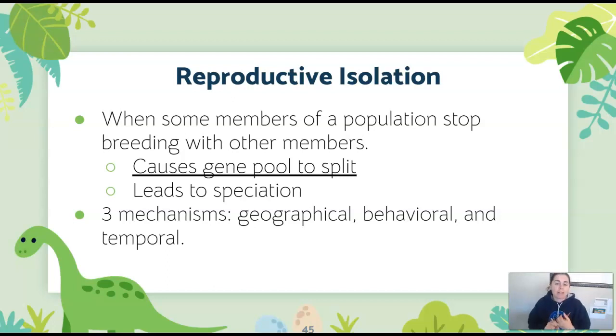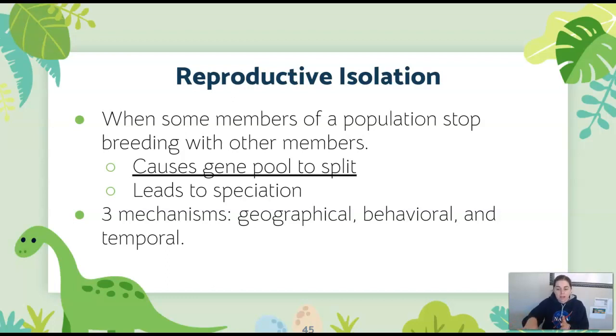There are 3 main mechanisms of reproductive isolation. The first is geographical. That means something like a mountain range or a river or an ocean comes and separates species in a population. Behavioral is another mechanism that can cause reproductive isolation. Behavioral can be things like mating rituals. Maybe you have 2 separate mating rituals and one is predominant in one area that then gets reproductively isolated, then that will be the predominant one.